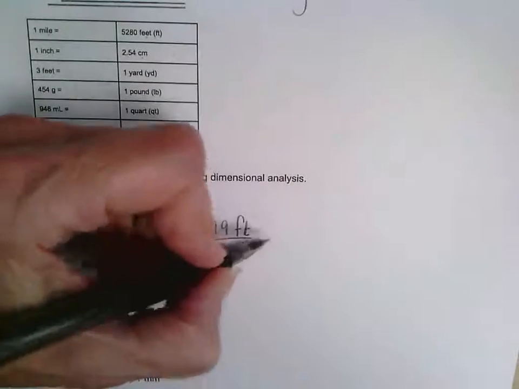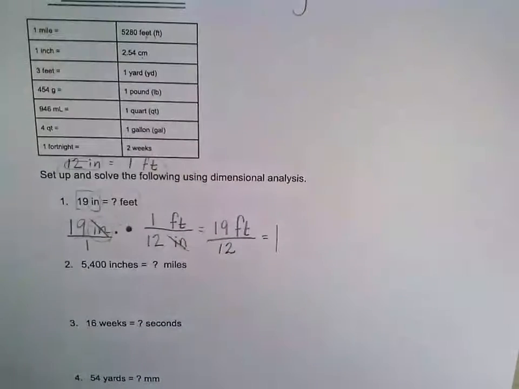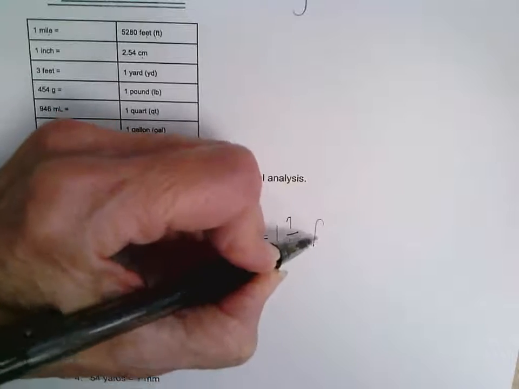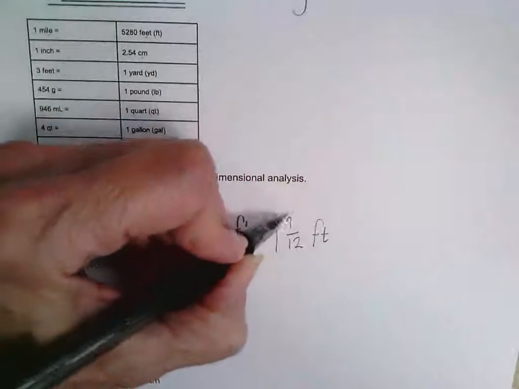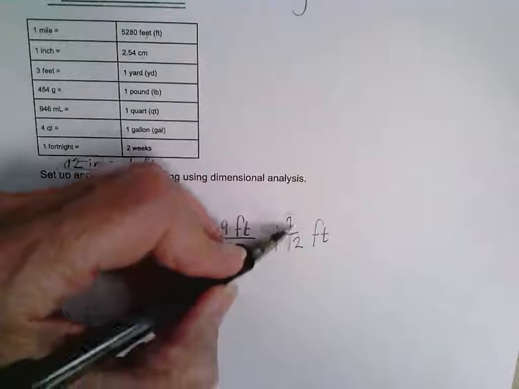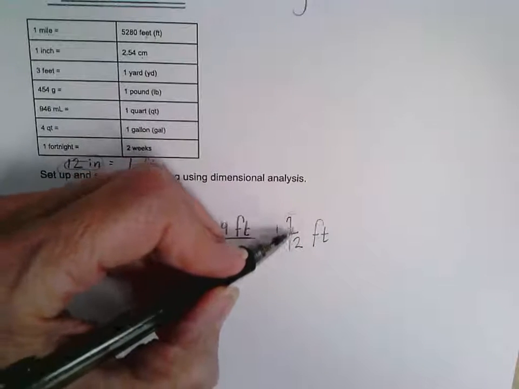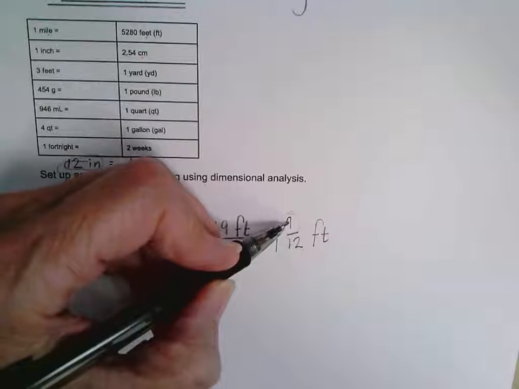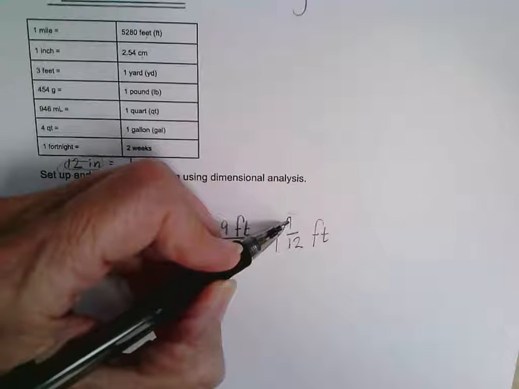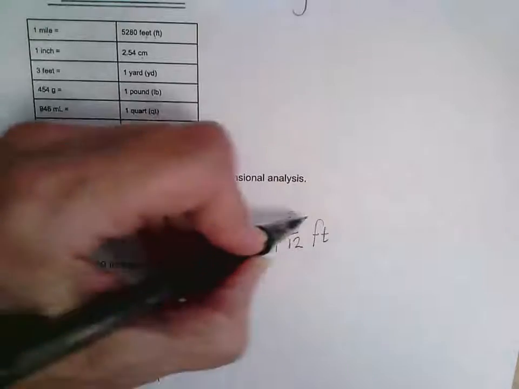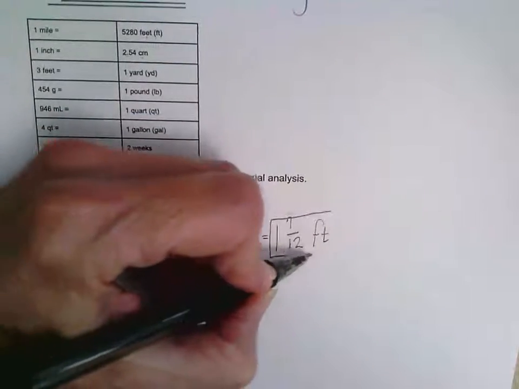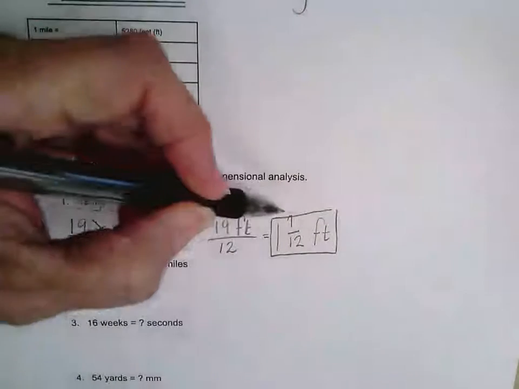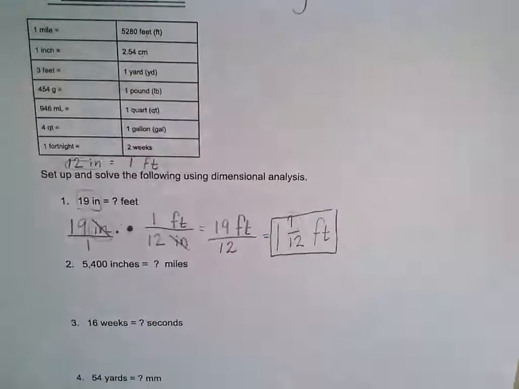Well, I can change this into a mixed number, which would be 1 7/12 feet. So we know that 6/12 is exactly half of a foot. So 7/12 is a little bit more than half of a foot. As a matter of fact, it's 7 inches, 7 out of 12 inches. So this is my first answer. 19 inches are equal to 1 7/12 feet.